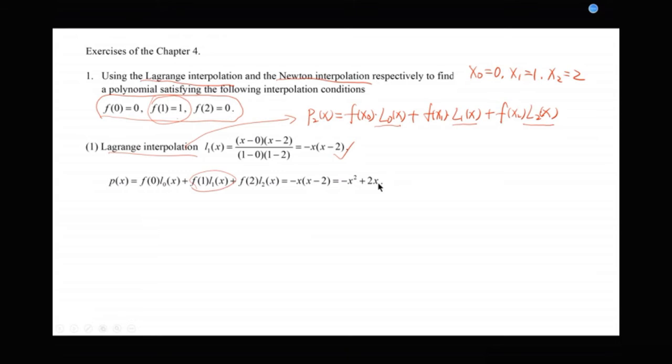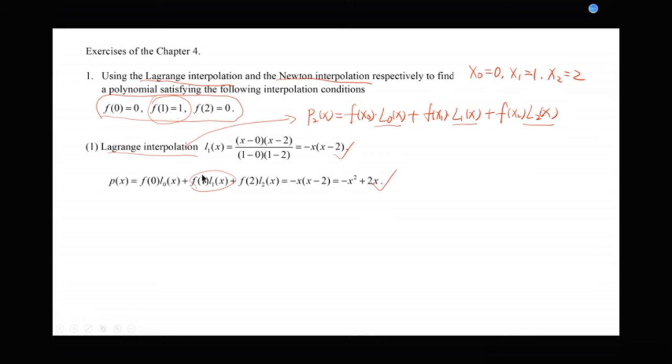It's okay? So this is Lagrange interpolation. Of course, you can check: when x equal to 0, it is 0. When x equal to 2, minus 4 plus 4, 0, right? When x equal to 1, minus 1 plus 2 is 1. Check. We obtain the correct answer, right?